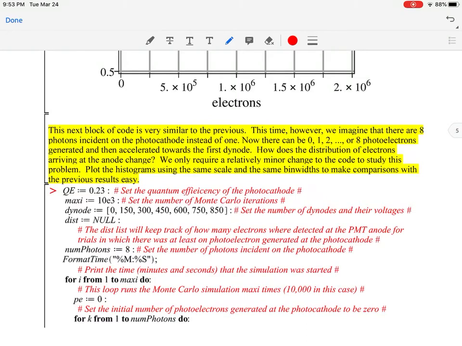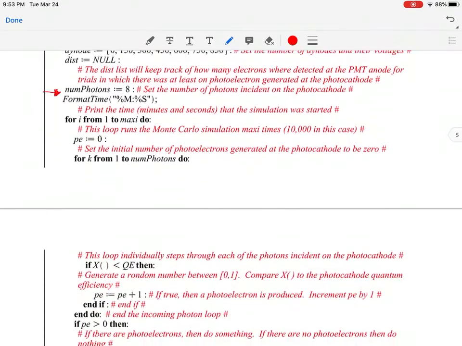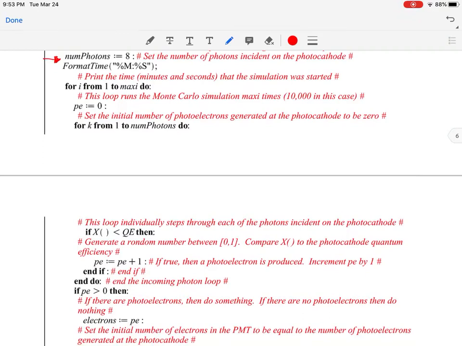Here's the same code with just one additional feature added. That one additional feature is that we're not going to send in one photon, we're going to send in 8 of them. And what's different is that now there's an extra loop in here. And what does that extra loop do? It draws a value of x for all 8 of our photons. Number of photons is 8.